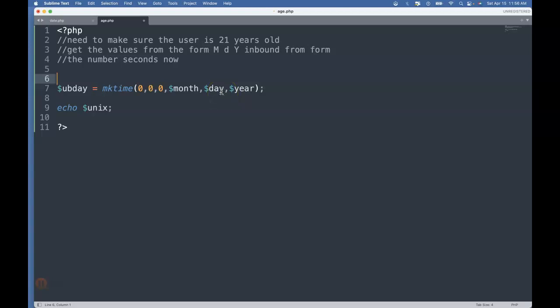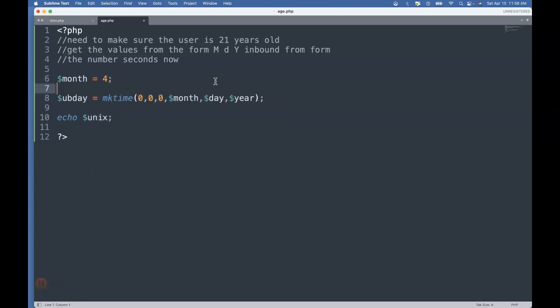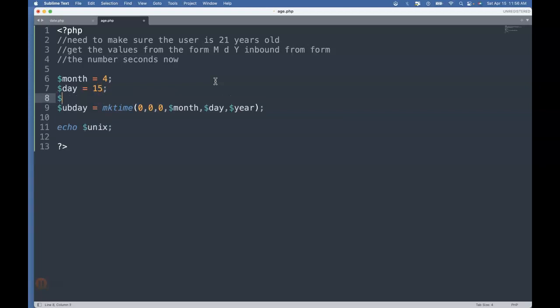So you would get that and put them in the variables. So let's say I had month equals 4, day equals 15th, and year equals 2002. These come from your form.